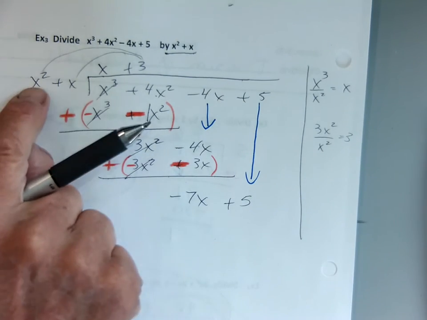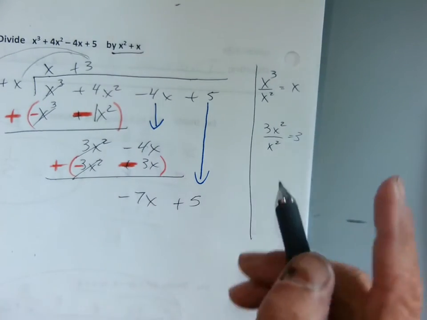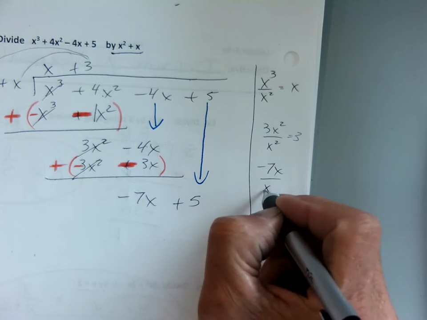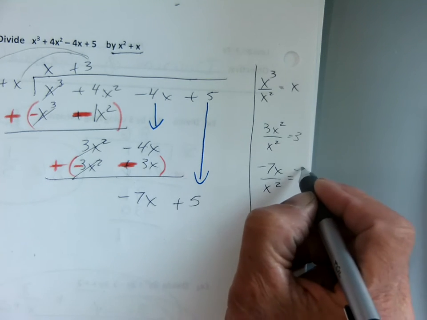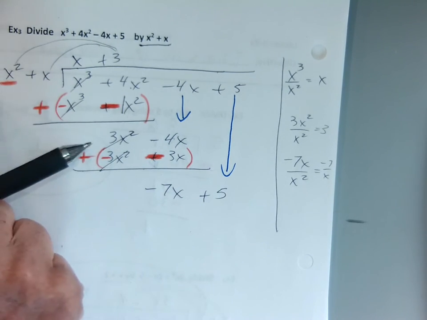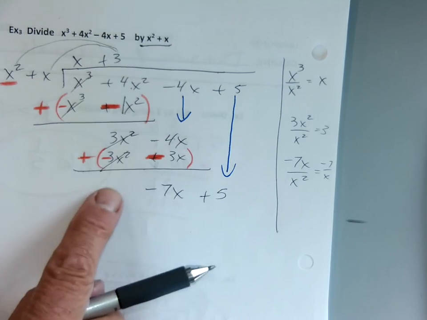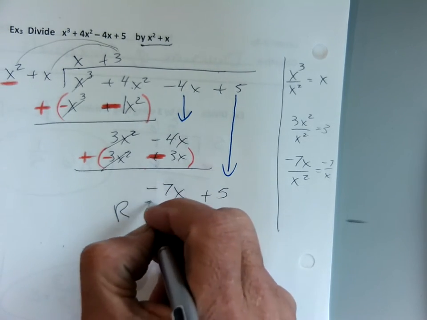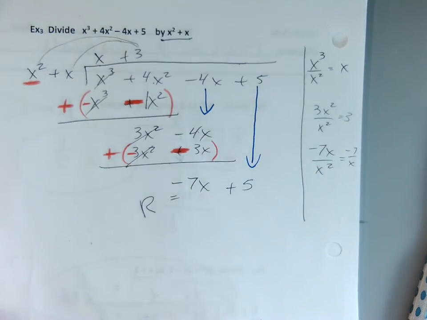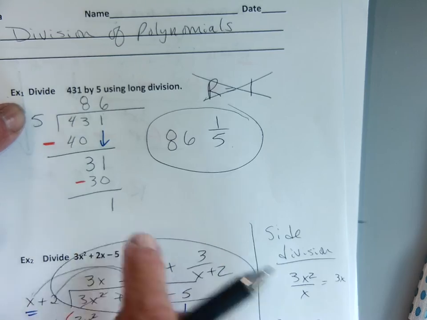Now x squared does not go into 7x. It won't. In fact, I'll show you. A little side division. If I went negative 7x divided by x squared, I wouldn't get an answer that I could use. Because this is a bigger degree, it won't divide into this one. So this is my remainder. So I'm going to take, like I did over here, I took my 1 over 5, made it into a fraction.